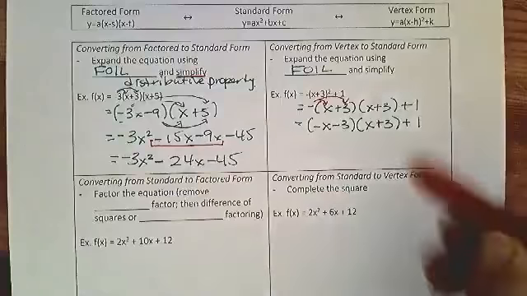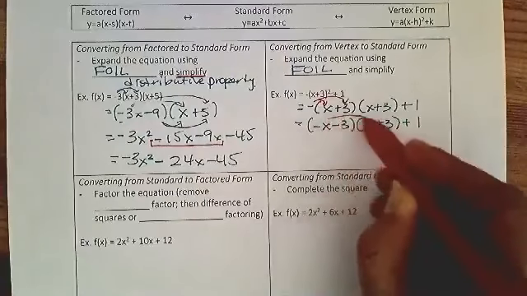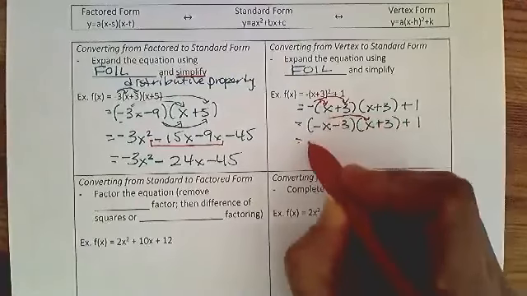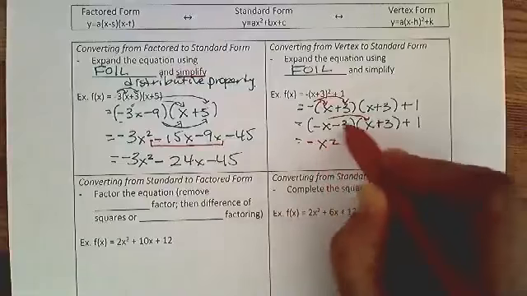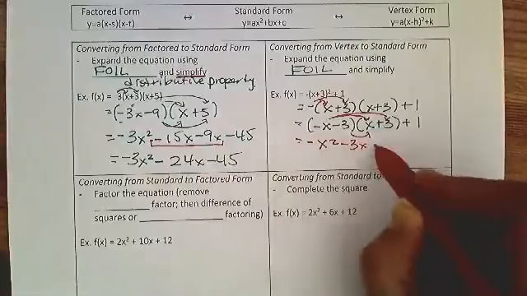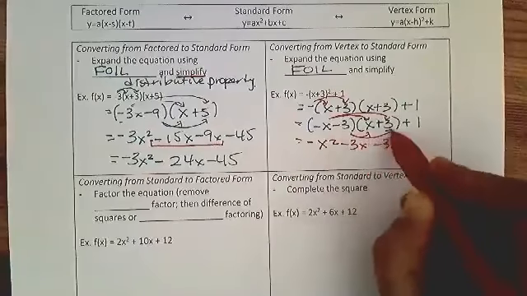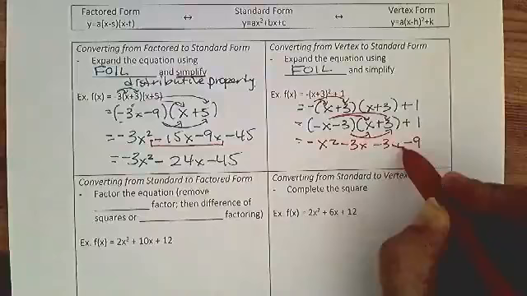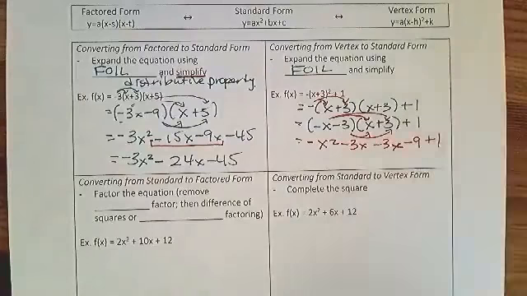And then I'm going to do the FOIL between these brackets. So I'll first multiply these for a negative x squared, negative 3x, the inside negative 3x, the last will be negative 9. Sorry, that x is a little wonky. And then I just have the add 1 at the end.